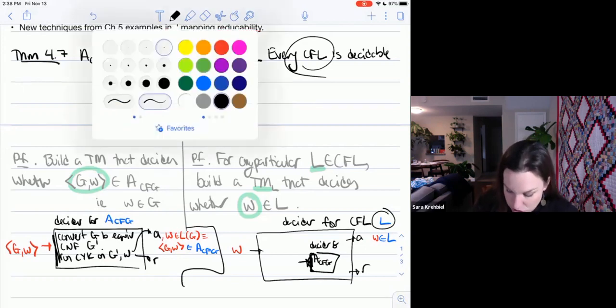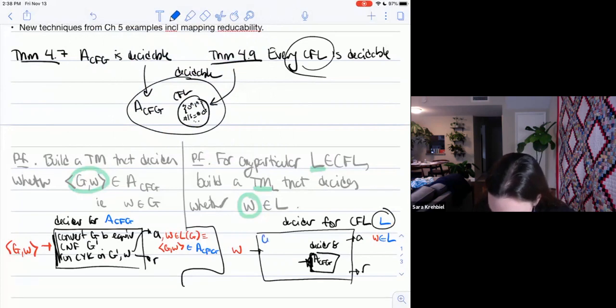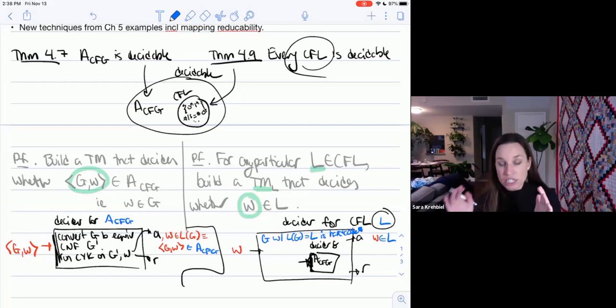So G, where the language of G equals L, is basically hard-coded into this machine. It doesn't depend on the input. The input is just going to be whatever string W I want, but the machine already knows what CFL it's attached to.